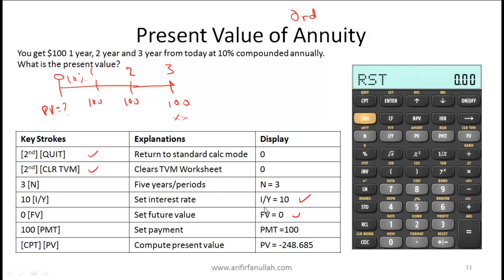The 100 payment, so that's specifying end of every year you have a payment of 100, and then compute PV. That gives you a present value of minus 248.685. So this number represents the present value of these 3 cash flows.